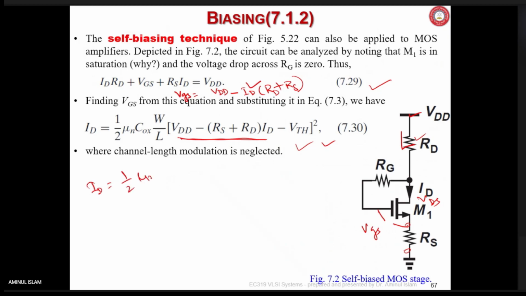Half of mu n Cox W by L into VGS minus VT whole square. So this VGS is nothing but this value, obtained from this equation. I mean, VDD is applied and the drops across this and this are calculated. Is it understood?